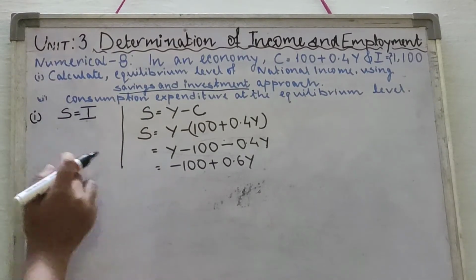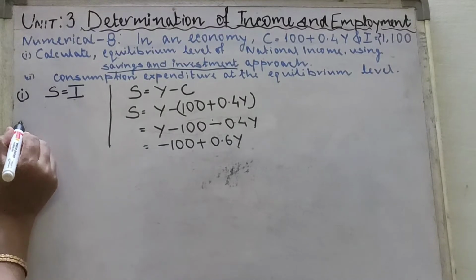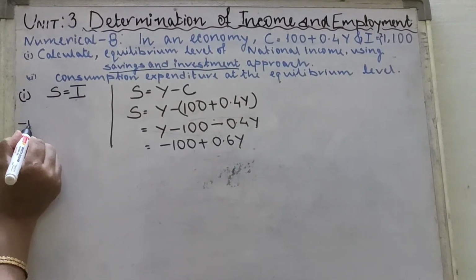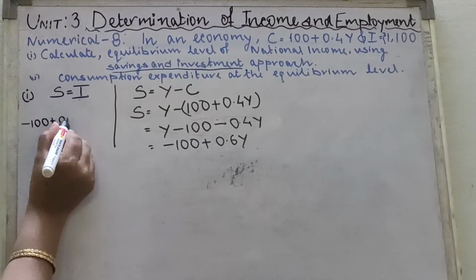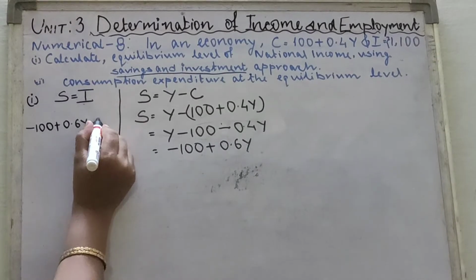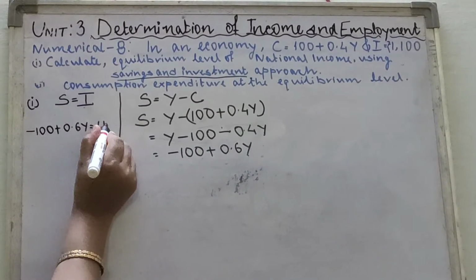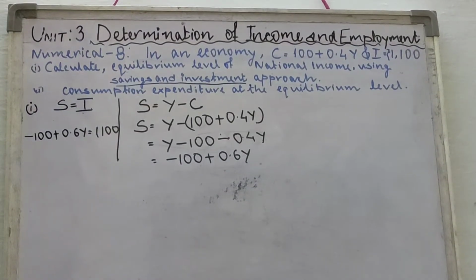Now we will put the value here in order to find out the equilibrium level. Saving function की क्या वैल्यू है? Minus 100 plus 0.6Y, and investment कितना है? 1100 हमारा इन्वेस्टमेंट है. ये हमारा इक्वेशन हो गया.